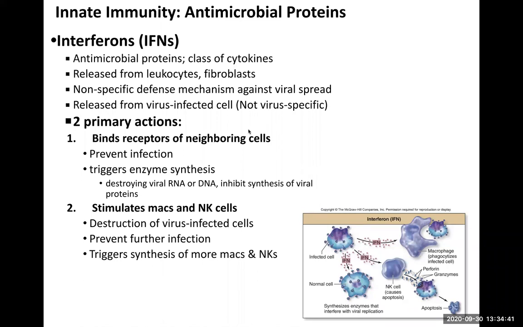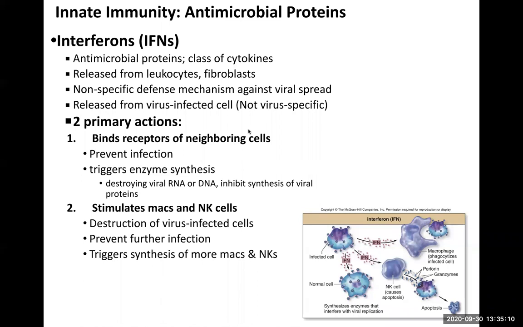And so interferons specifically are released by all of the white blood cells that we have and also by fibroblasts. Fibroblasts are the cells that make protein fibers like collagen and the reticular fibers. Characteristics of interferons. So interferons play a really important role in helping to protect our cells against viral infections.